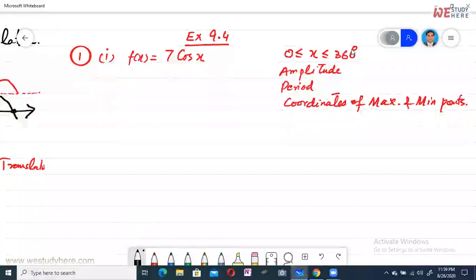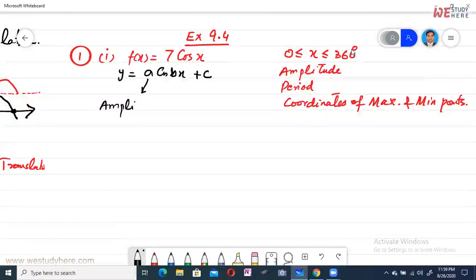As I told you in the topic, f of x or y, we can write as a cos bx plus c, the general form of the function. This a at the beginning of cos represents the amplitude. It means the amplitude is 7. After that, b in bx affects the period.